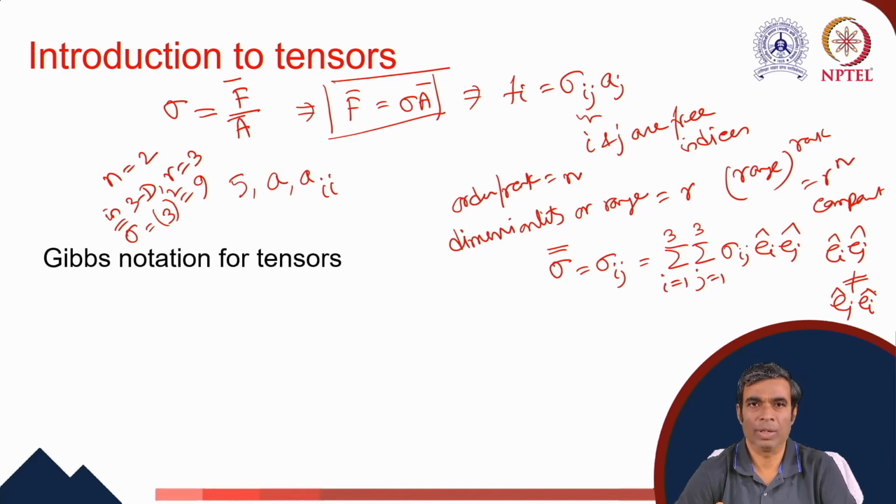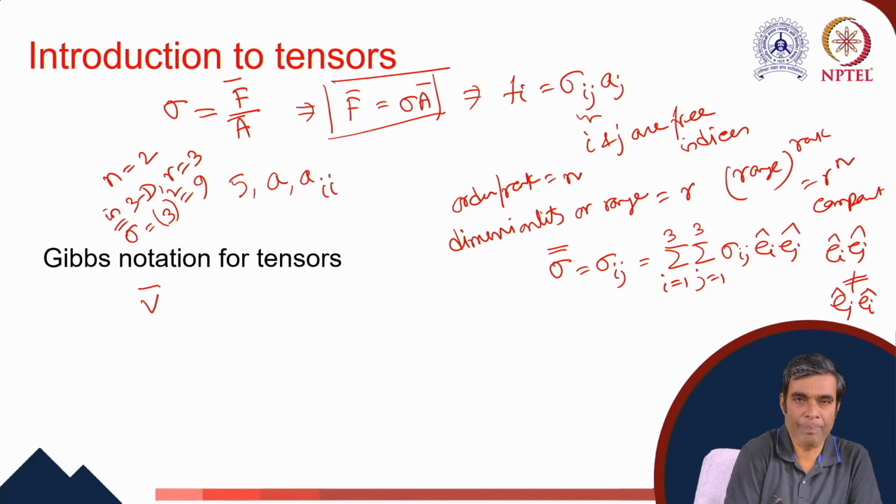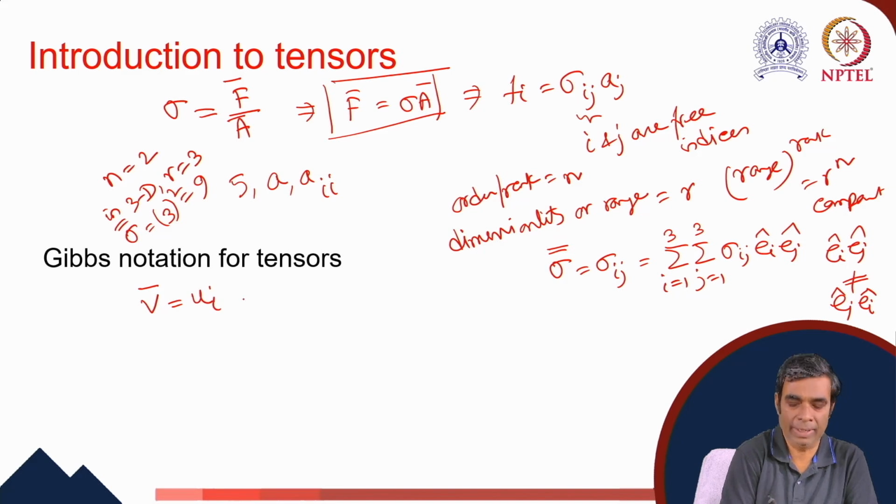So I have said that tensors are higher order quantities, for every component of which we have multiple directions. Next we go for the Gibbs notation for tensors. This Gibbs notation is the presentation in vector form. So if we consider the vector V bar, it can be represented using indicial or tensorial notation as Ui.